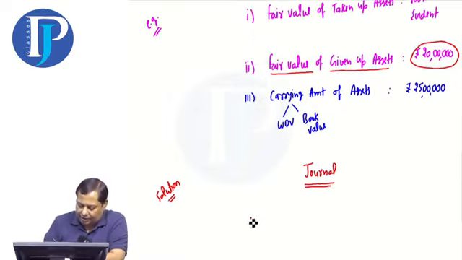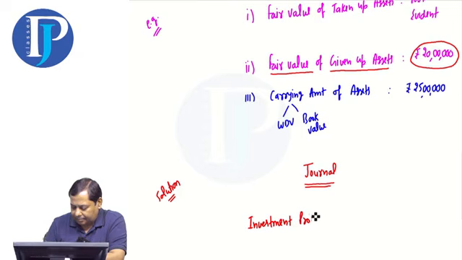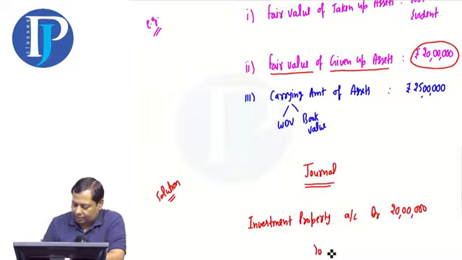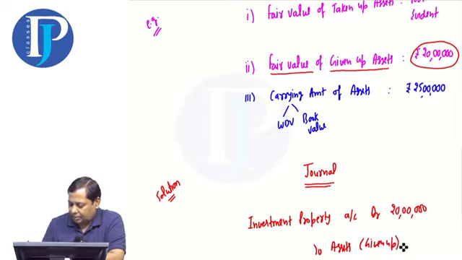Will pass entry. Investment property debit, to assets given up. Tell me how much are these? They're 25 lakhs.